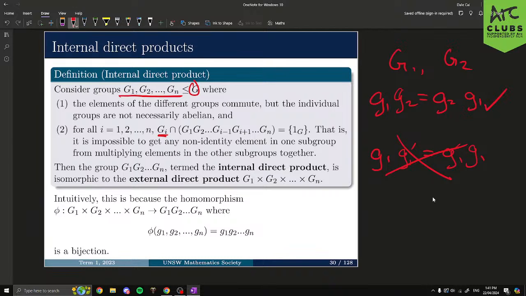Okay, under these 2 conditions, we get something called the internal direct product, which is the set of elements that look like g1, g2, and so on up to gn. And under these conditions, this is isomorphic to the external direct product. So we can define this map from the external direct product to the internal direct product, where we map the n-tuple to just each term multiplied with the next. Okay, and that turns out to be a bijection.